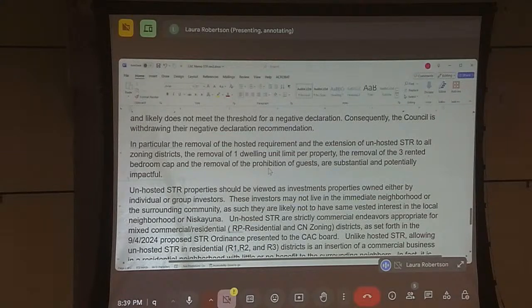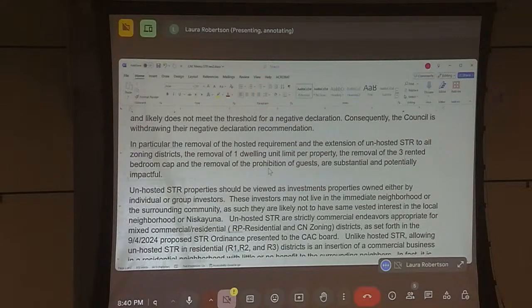I don't vote, but I would actually just end it at withdrawing the negative declaration recommendation, only because of the removal of the one dwelling unit per property limit. I put this in my memo to the town board. That may be because it would limit people's ability to rent their apartment unit.